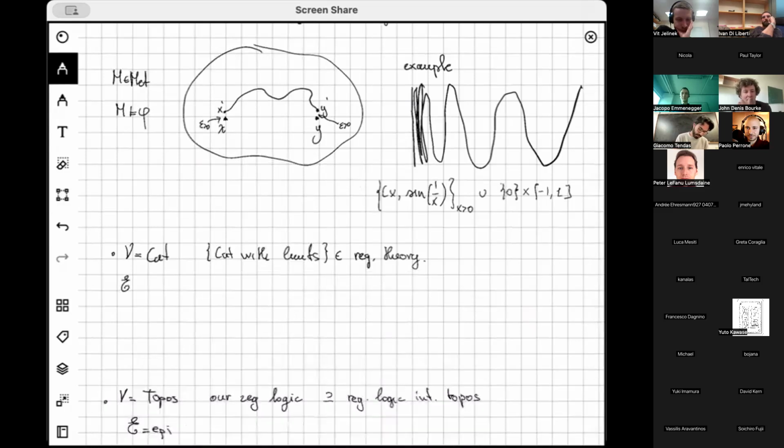E to be the surjective on objects, you can express categories with limits, sorry, not with chosen limits, with limits of some shape, say C, as the models of a regular theory.